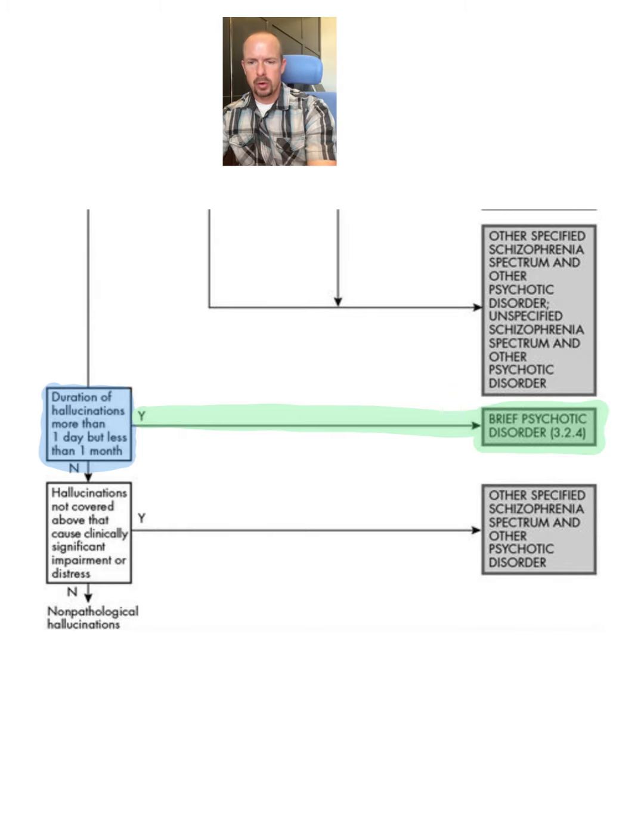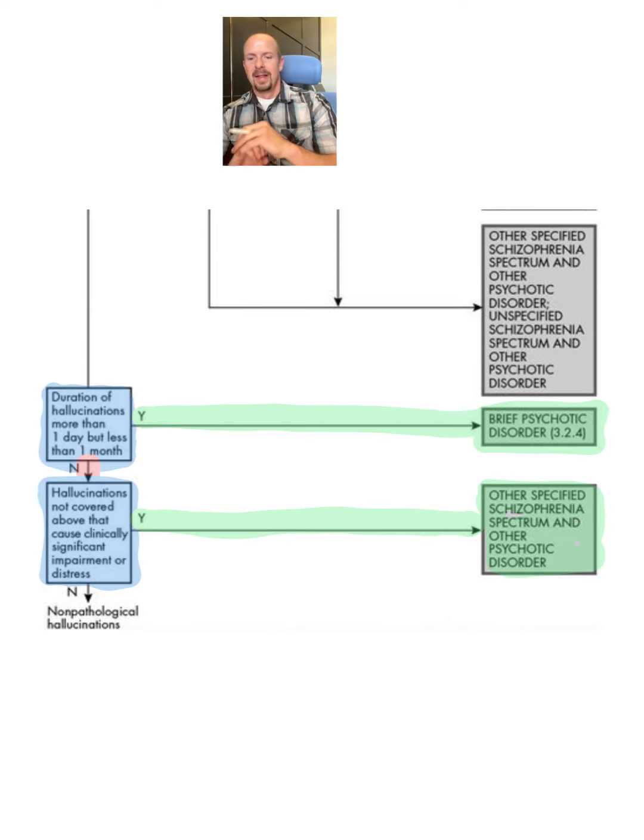If we answer no to this, then if the hallucinations are not covered by clinically significant distress or impairment, then the map would have us do other specified schizophrenia spectrum or other psychotic disorders.